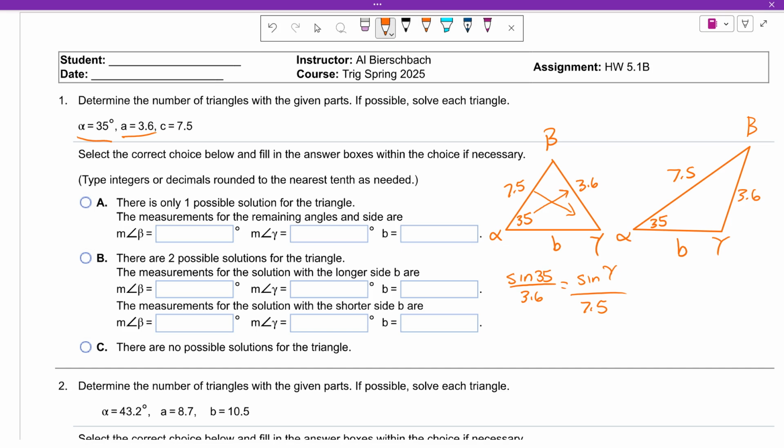So take this times this divided by this. And you get some decimal, right? 7.5 times the sine of 35. I don't know what that is. And divided by 3.6. What do you get when you do that? The sine of gamma equals what?